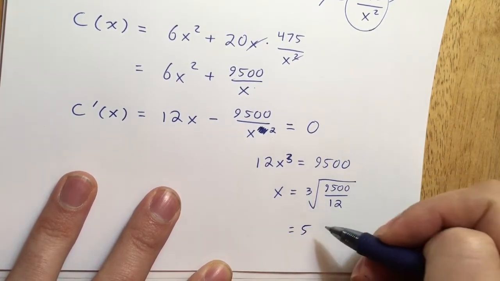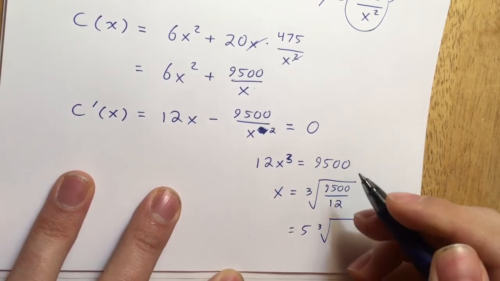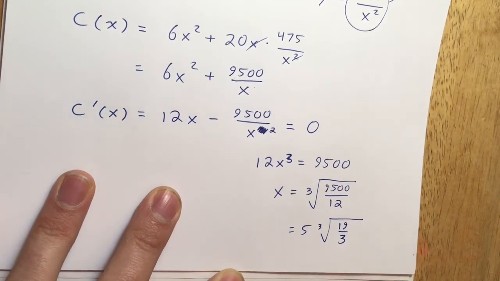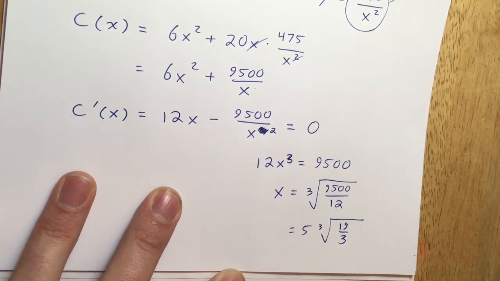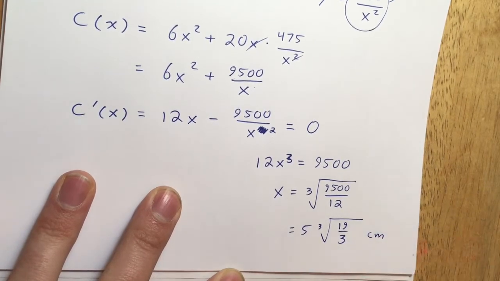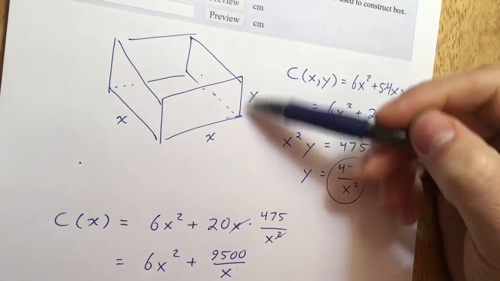So this is 5 times the cubed root. There's some other simplification you can do in here, I'll let you figure that out. It becomes 19 over 3. So we know that that dimension of the box has to be that many centimeters.